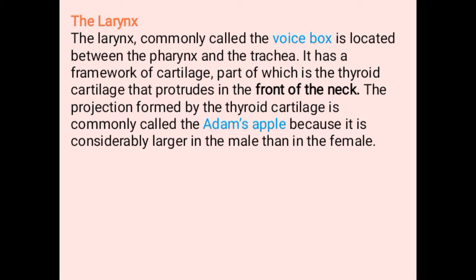That's why we have the laryngopharynx, the part adjacent to the larynx. It has a framework of cartilages, part of which is the thyroid cartilage that protrudes in the front of the neck.